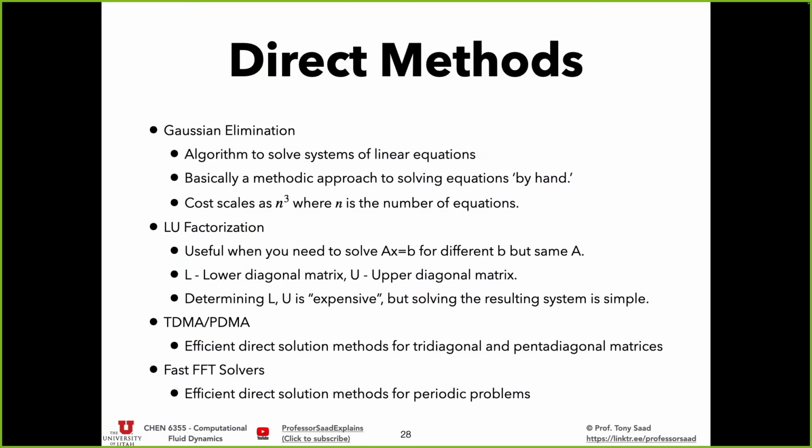TDMA, pentadiagonal solvers, or fast Fourier transform solvers are efficient and fast, but have very limited application. They're robust only for those problems, but not for general CFD. If you want to use full direct methods for general CFD, that's insane because they're very costly. So the only robust methods left for us are general iterative solvers for sparse matrices.